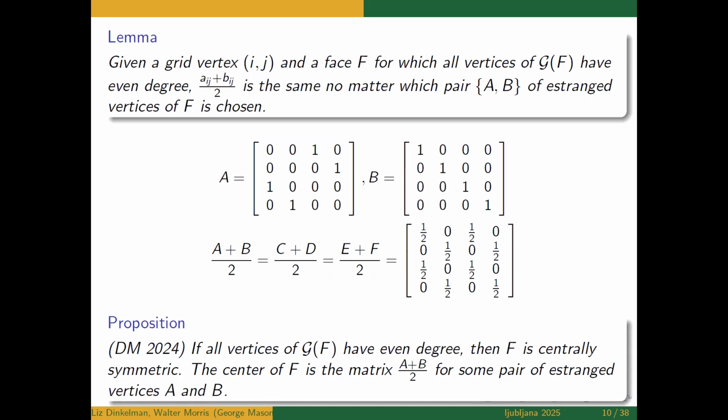So if you choose A and B or C and D or E and F, take those merged matrices, add them, divide by 2, you will get the same matrix, which leads to this proposition: if all vertices of script G of F have even degree, then F is centrally symmetric. The center of F is the matrix A plus B over 2 for some pair of estranged vertices A and B.